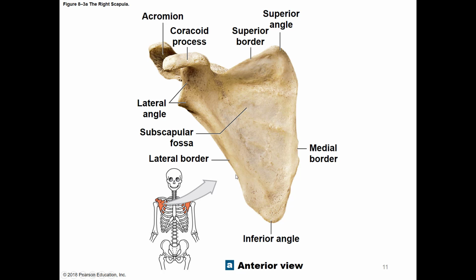This edge here is the lateral angle because it faces away from your midline. So if you look at this skeleton here, you can see that this scapula is taken directly from that orientation. So the lateral angle would be facing away from the midline, and the lateral angle is where the humerus will attach to the scapula to form the shoulder joint.